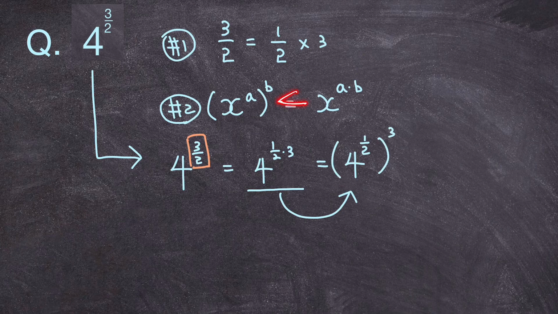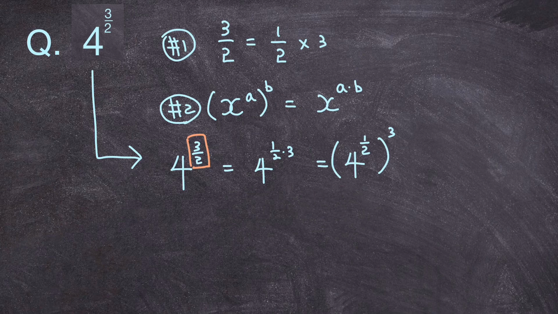So we're going backwards, right? x, which is 4 here, raised to the power of a times b, 1/2 times 3, is equal to 4 raised to the power of the first number raised to the power of the second number. So we're going backwards. Okay, so we are good so far.